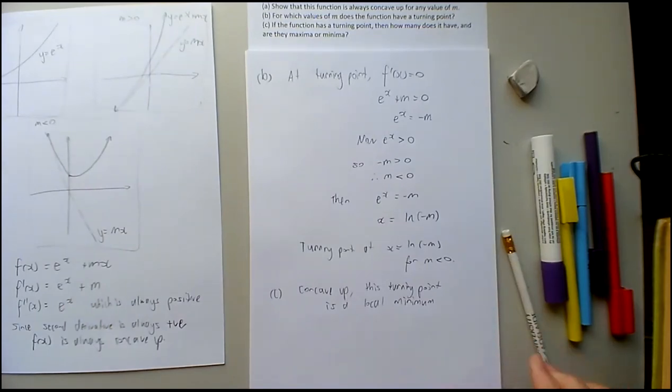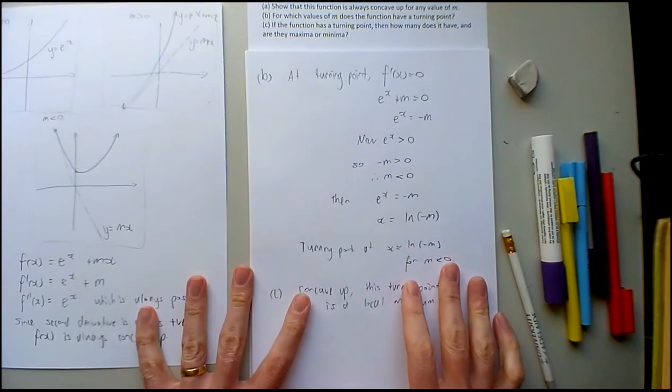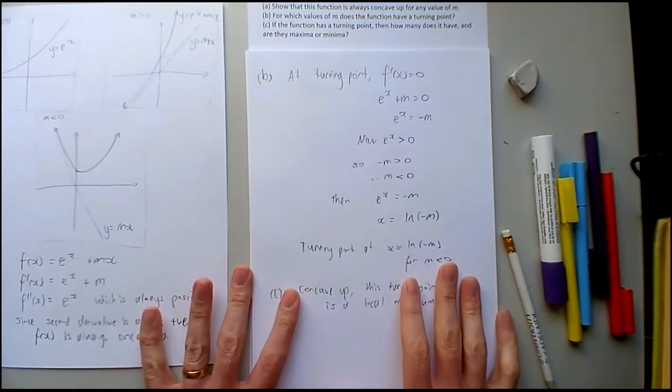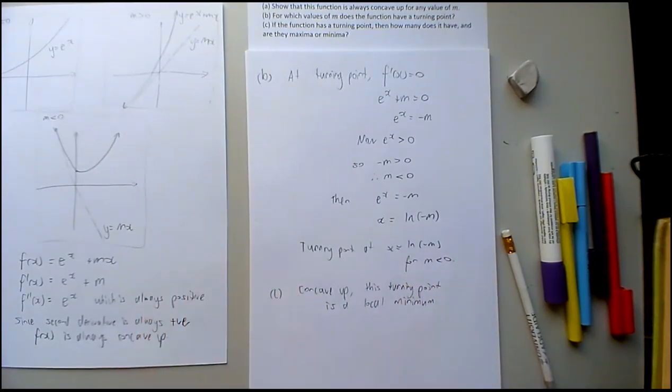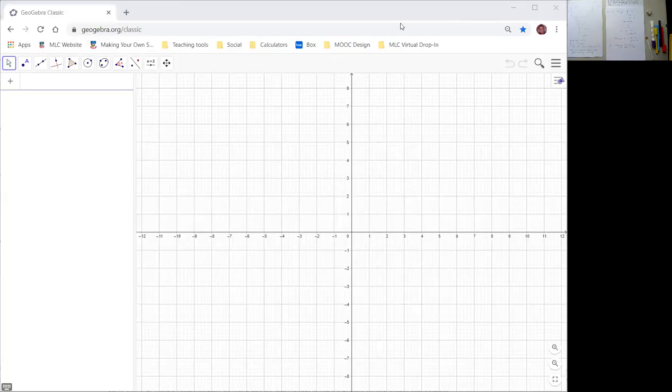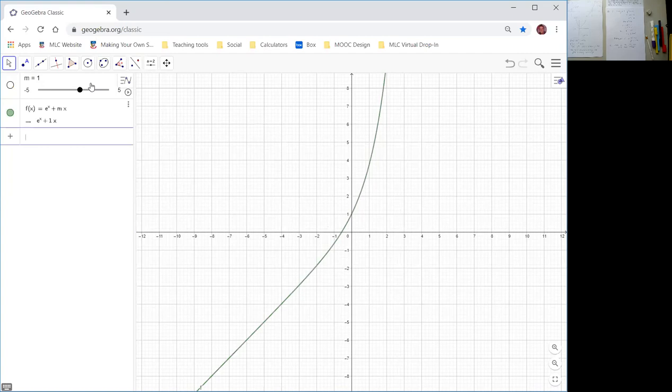I just want to check this on a computer, drawing the graph to see if it's matching what I thought it should do. This is GeoGebra, and I'm going to say f of x equals e to the power of x plus m times x, and it's made a guess that m should be a variable that we get to change.